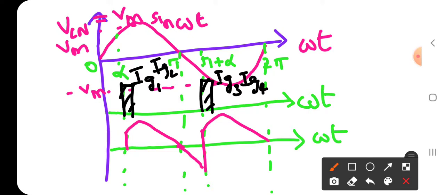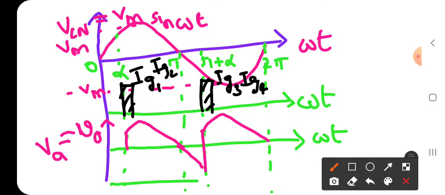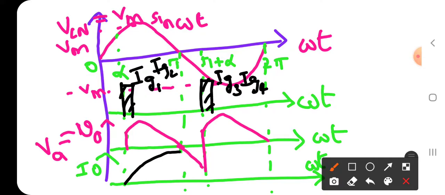Then what about the output current? The output voltage is given to the motor as VA. Then how do I draw the output current? This is output current I0. From alpha to pi, the output current increases from 0 to maximum, therefore it is like this.